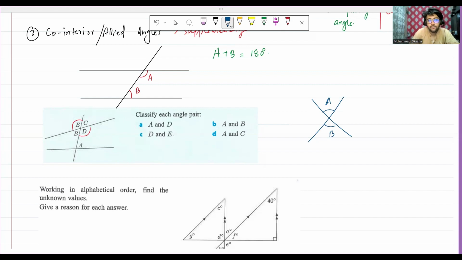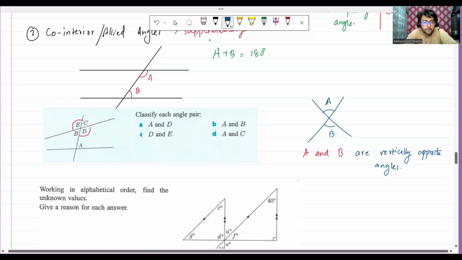A and B are vertically opposite angles. Cool.